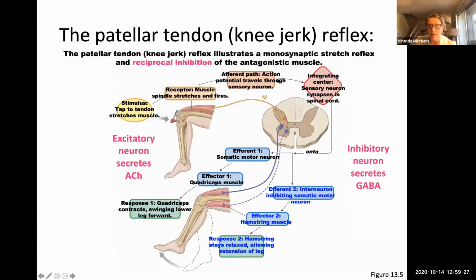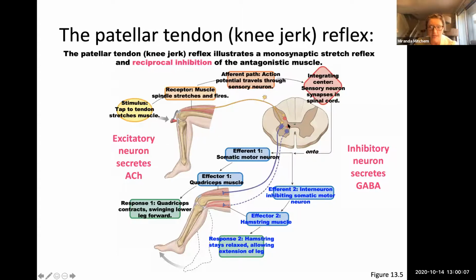So we have the afferent pathway going into the spinal cord where it's integrated. We have pathway 1, which is one effector response. It comes out through the somatic motor neuron 1, if you will, targeting the quadricep muscle. And that causes the quadricep to contract, and then the leg goes up. As the quadricep contracts, it causes the swing up. At the same time, the same afferent pathway has been passed through an interneuron.